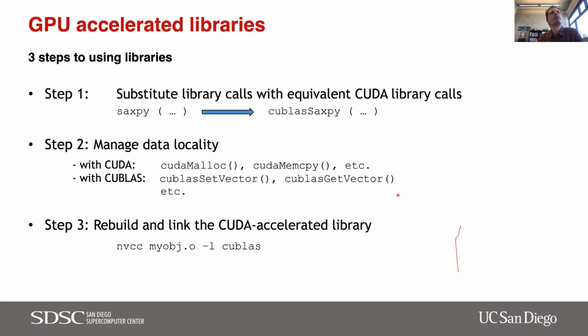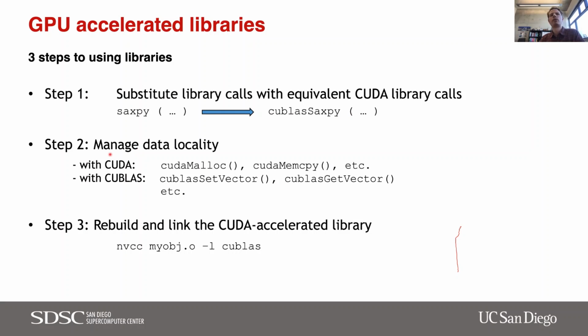Right, so let's assume we have a call to a function. In this case, this is a BLAS function, basic linear algebra subprograms. So SAXPY, this is a single precision function that does a times x plus y. So that's where the name comes from. And really all you have to do is substitute that library call with an equivalent call to the CUDA library, so cuBLAS SAXPY.